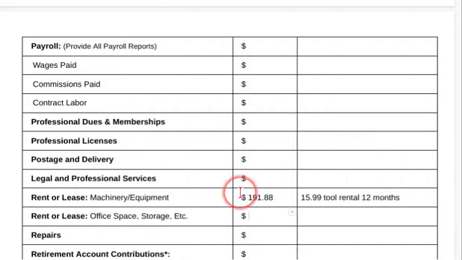We're gonna put $5,988 there, and we're gonna put that as location rental fees for 12 months.